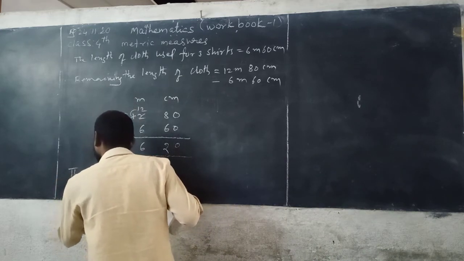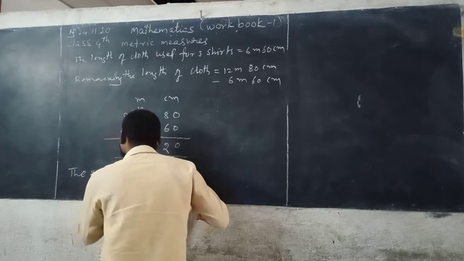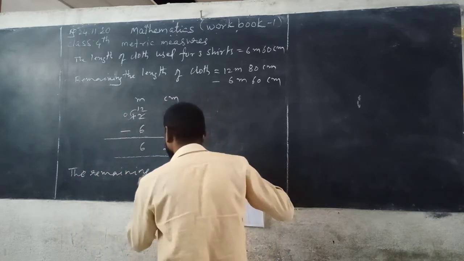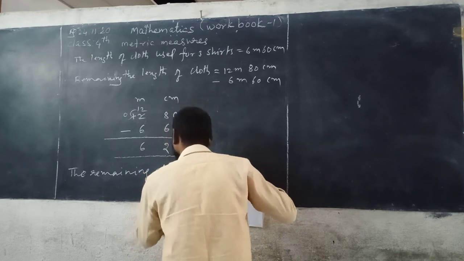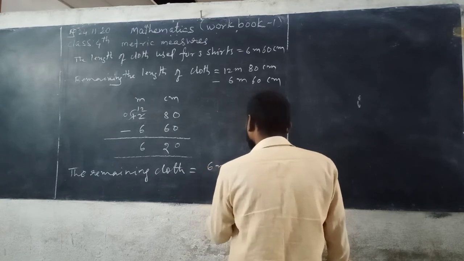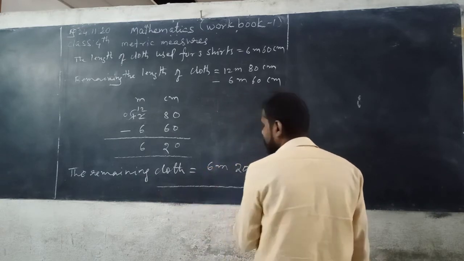The remaining cloth is equal to 6 meter 20 centimeter.